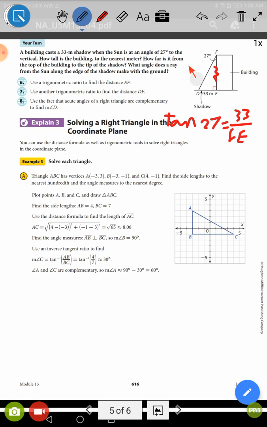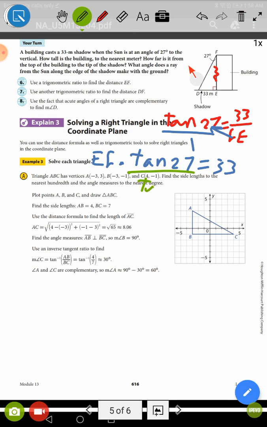Then cross multiply. EF multiplied by tan 27 equals 33. Then divide by tan 27.